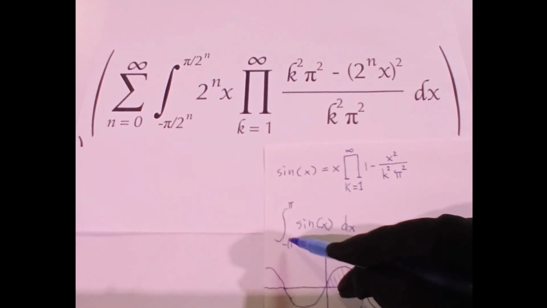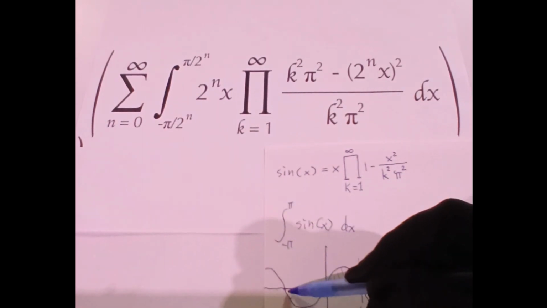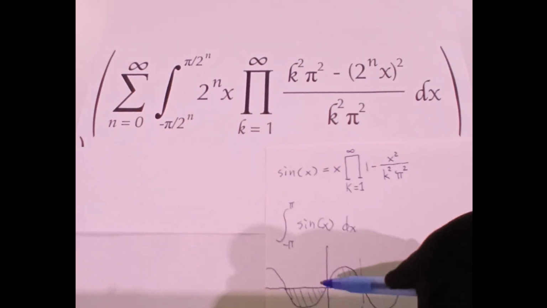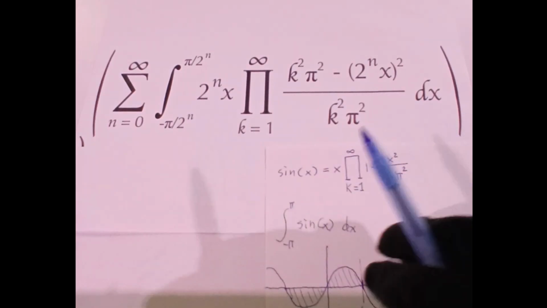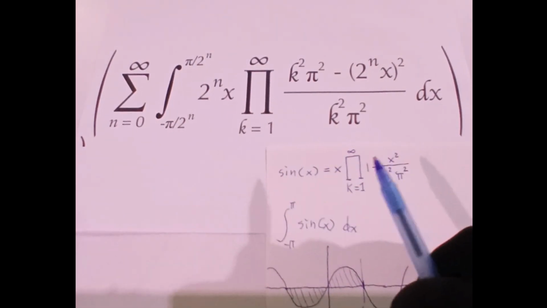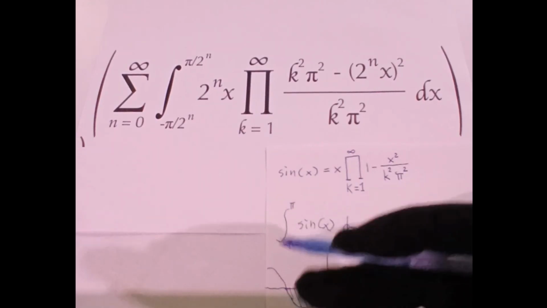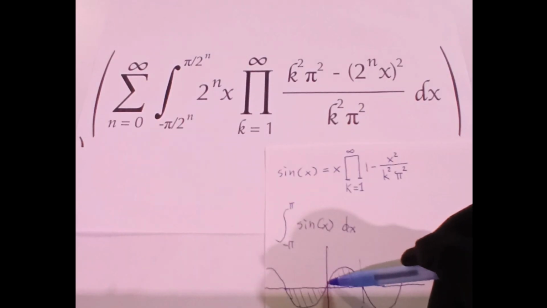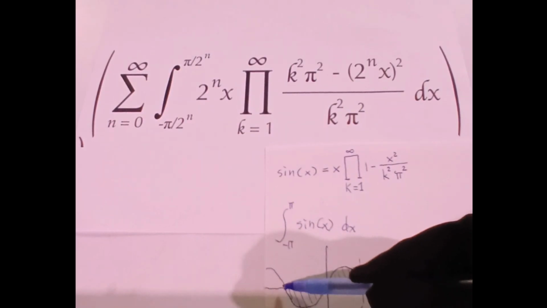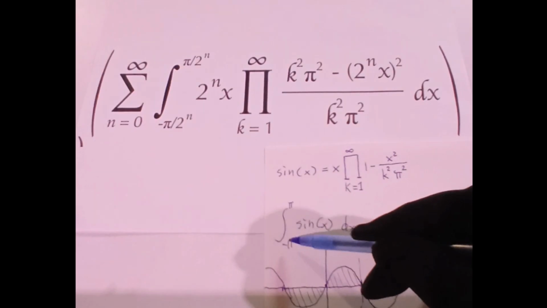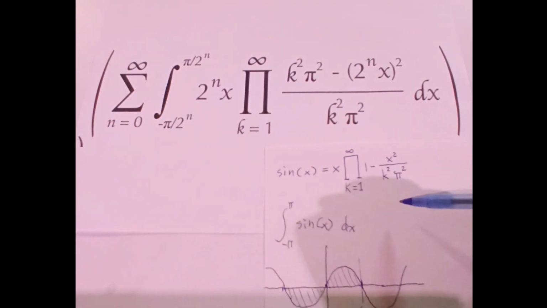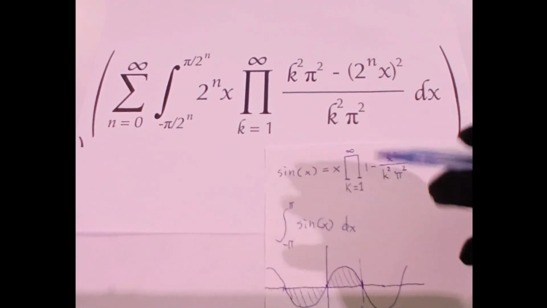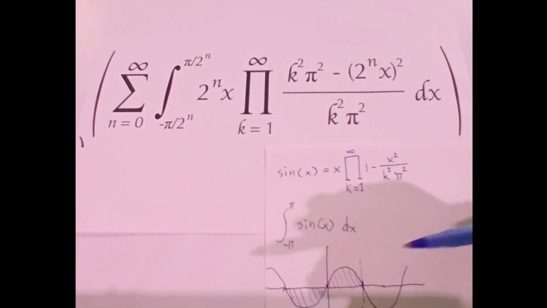However, because we're doing it from the negative pi, we're also including this area as well. Now, this area exists in the negative space. In reality, you don't really have, well, I guess a hole or an empty space can be considered a negative area, but in practice, if you wanted to find the whole area, you would originally take this from 0 and do another integral from negative pi to 0 or something, and then multiply it by 2 or something like that.